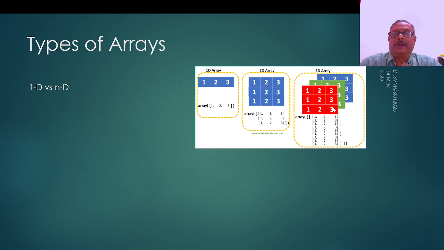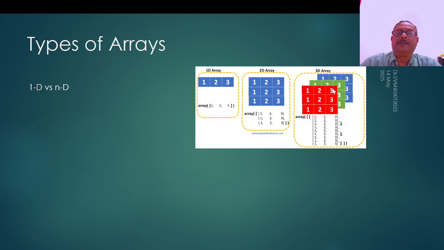Coming to the next version, it will be a 3D array, where we have a stack of 2D matrices stacked one on the other. So that makes a 3D, and it gives a cubical illusion.